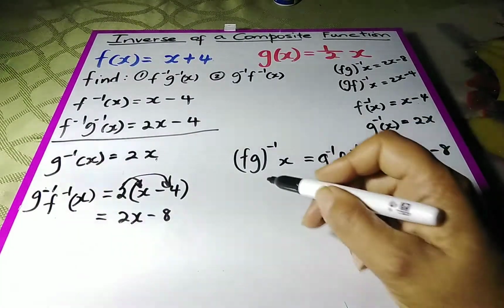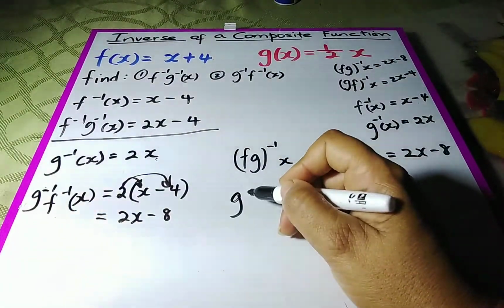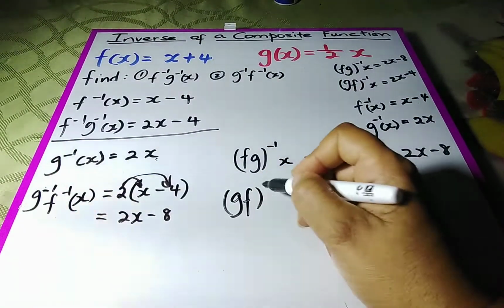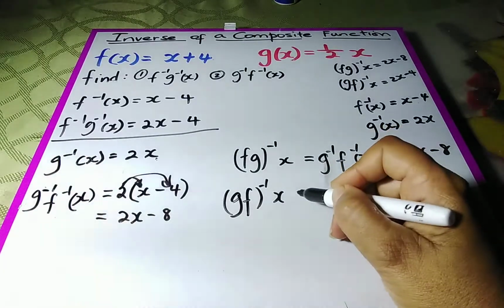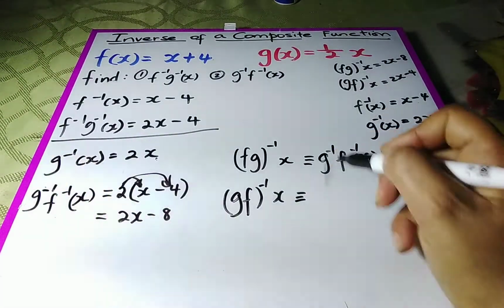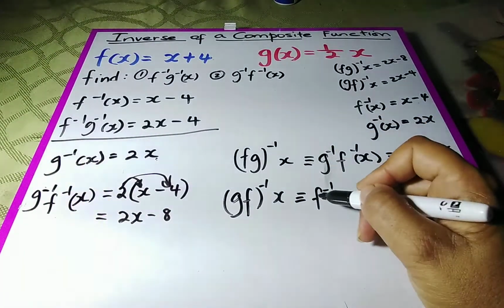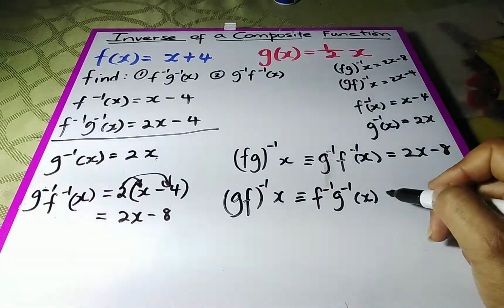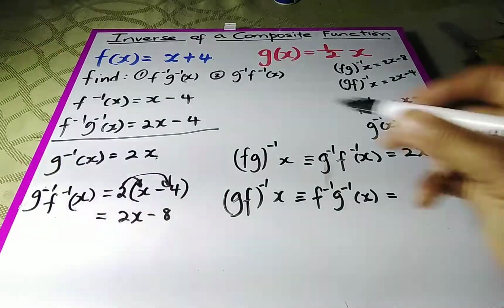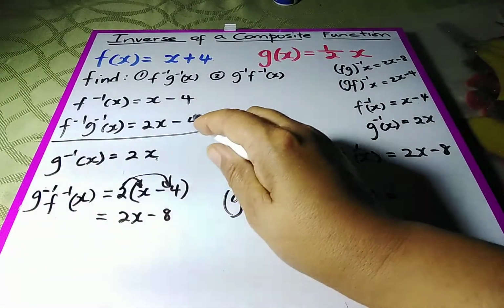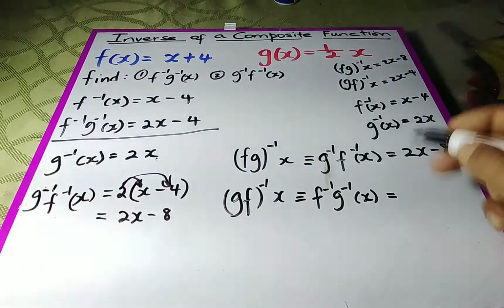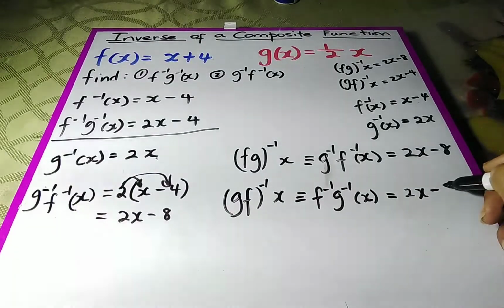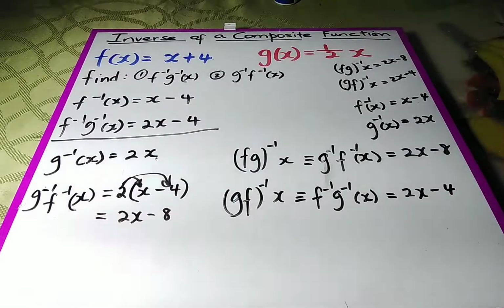And what we notice is (gf) inverse is the same thing as f inverse g inverse of x, and they're equal to 2x minus 4. And that's it.